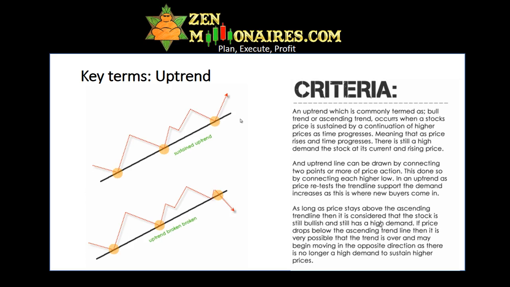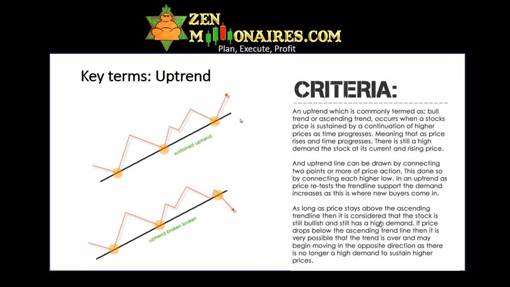There is still a high demand of the stock at its current price, and there are more people buying than people selling. An uptrend line can be drawn by connecting two points or more of the price action, and this is done by connecting each higher low in an uptrend as price retests. This trend line supports the demand increases, as this is where the new buyers come in.